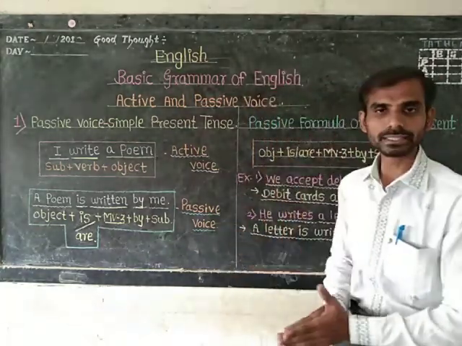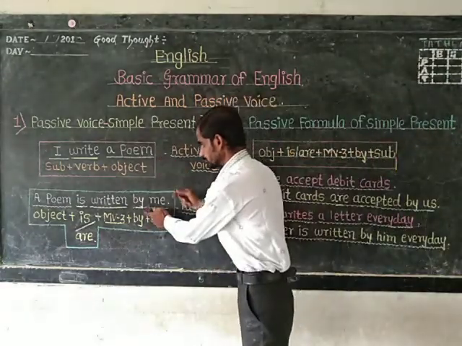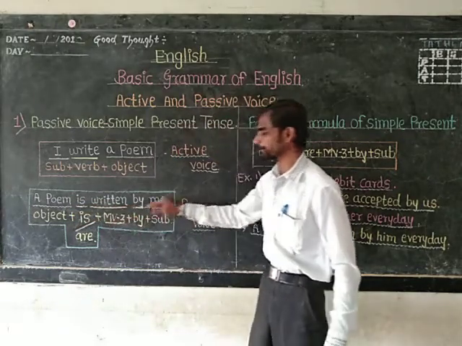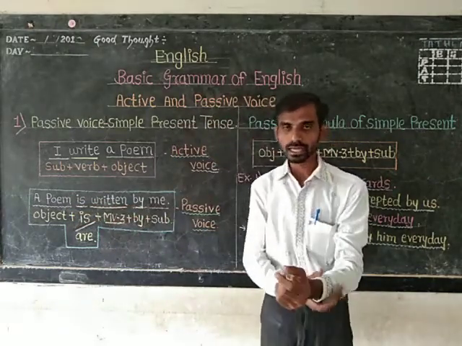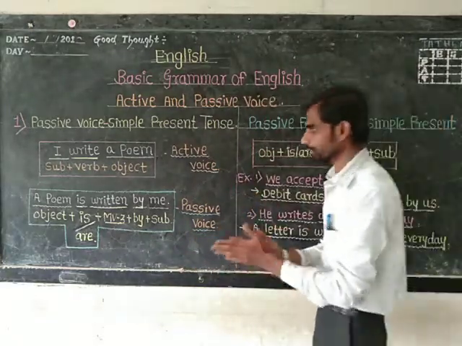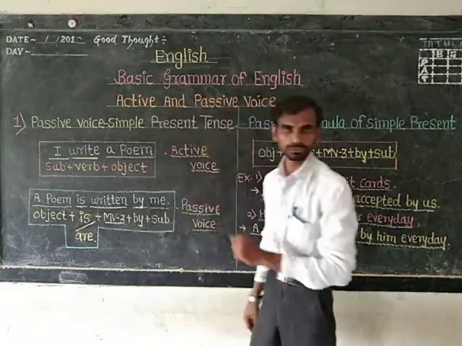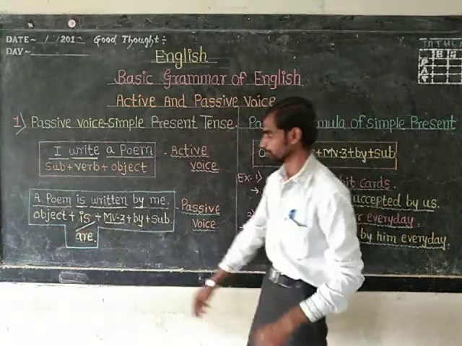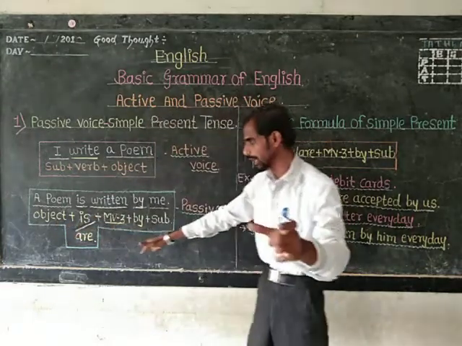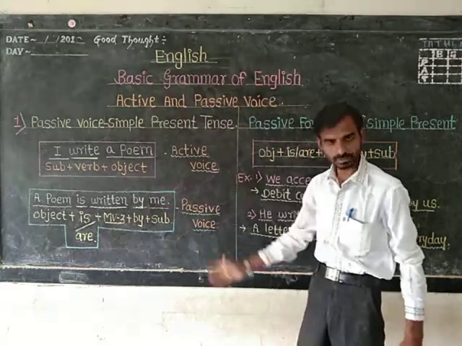Let us try to understand directly with the answer of this question. Here, a poem is written by me. Friends, the answer is: a poem is written by me. And for this answer, the below formula we have used systematically. Check out the formula. Object plus is or are plus main verb 3 plus by plus subject.